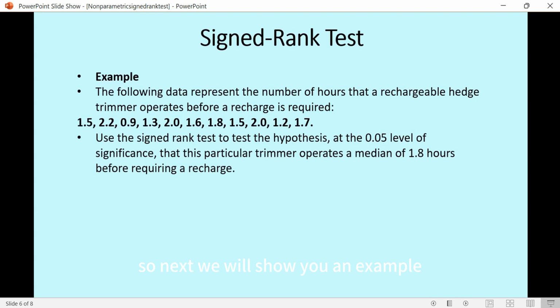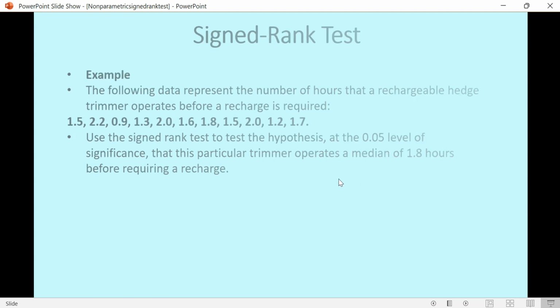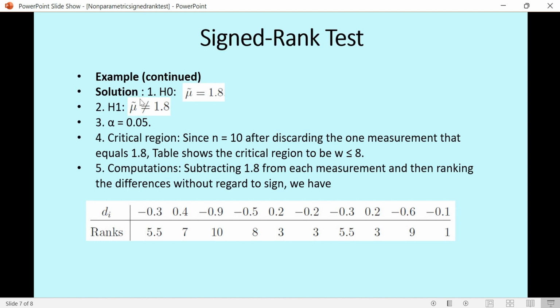Next we will show an example. The data represent the number of hours of operation, and we use the signed rank test to test the hypothesis at the 0.05 level of significance that the median equals 1.8 hours. So we establish the hypotheses.